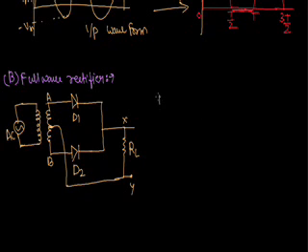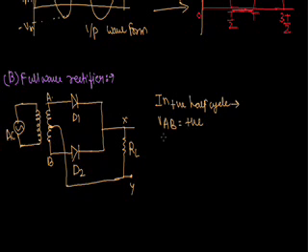So in the positive half cycle, what happens here? A and B, VAB is positive, so D1 is on and D2 is off.